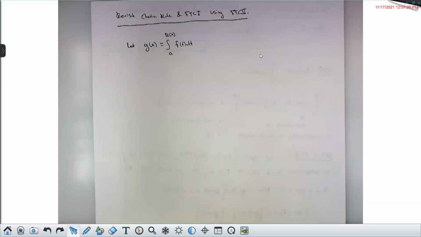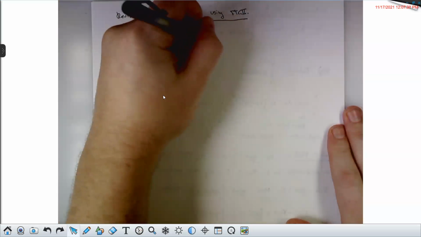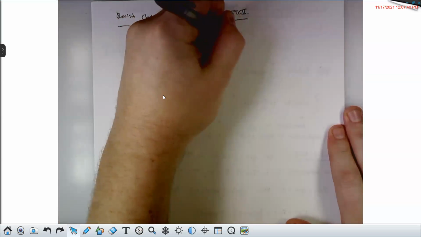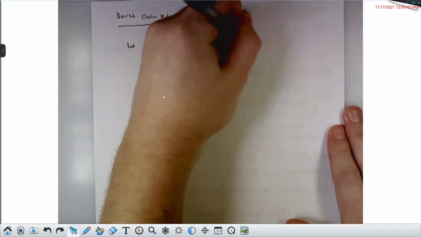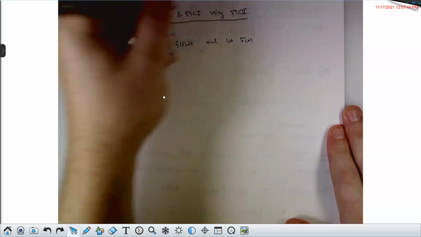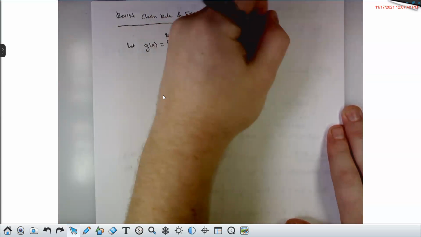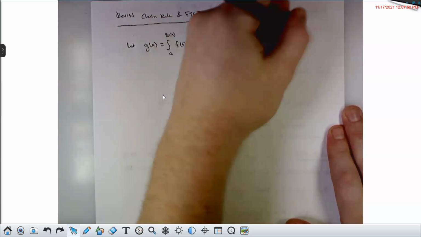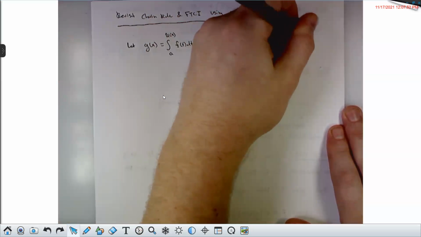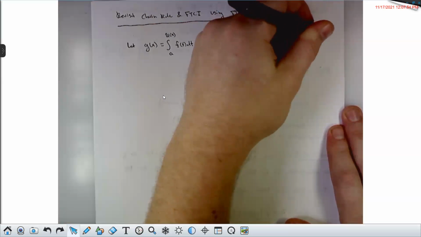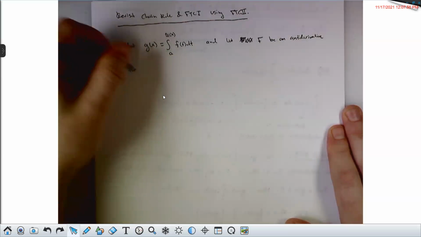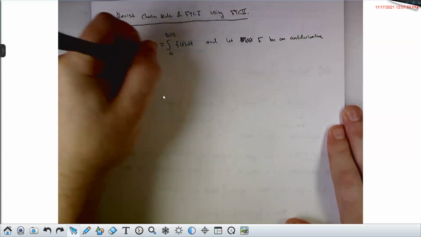We saw earlier that if you want g primed, that would be f of u times u primed. I want to really convince you of this. And let big F be an antiderivative for little f.